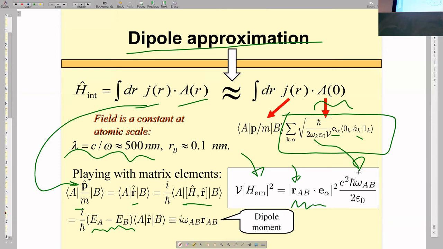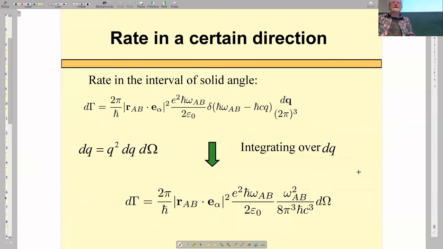It's a coefficient in the field operator. A is a field, it's presented as a field operator, a linear superposition of creation and annihilation operators. Fine. So that gives us a rate in a certain direction.